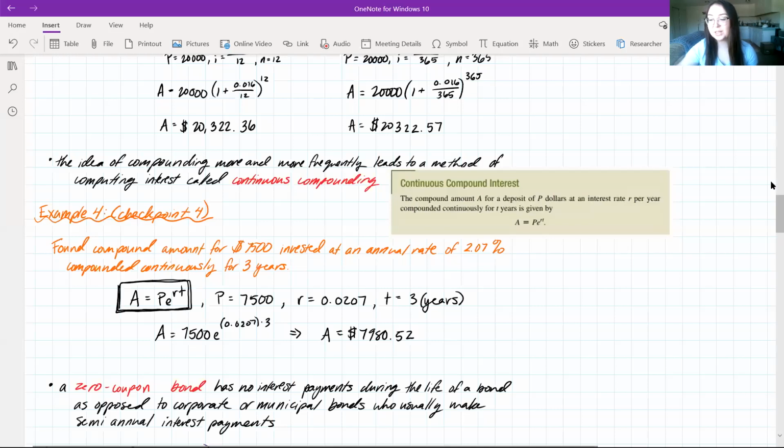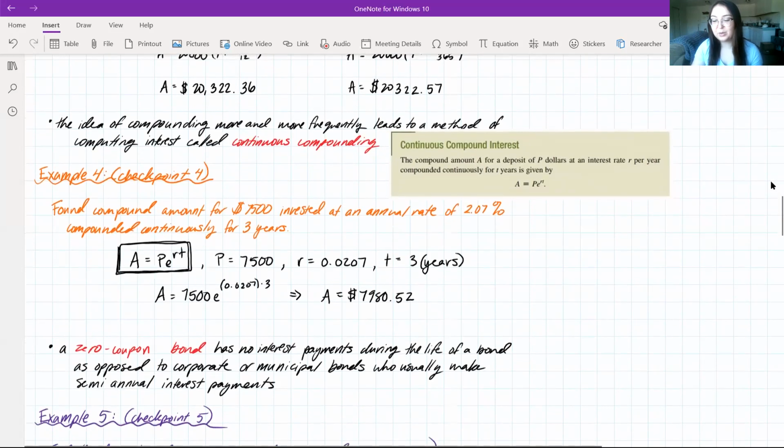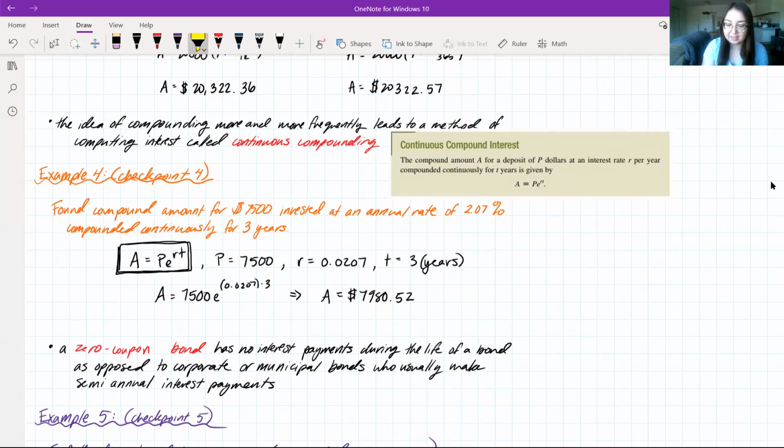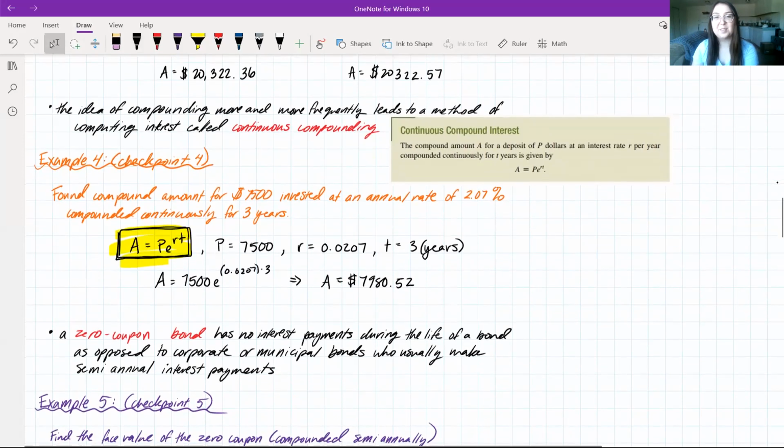All right, so I'm going to draw your attention back up to our continuous compounding interest. I think I forgot to include the continuous compound interest equation initially, although we did use it and I ended up highlighting it, but let's highlight it a little bit more so we know. I have now included the definition.